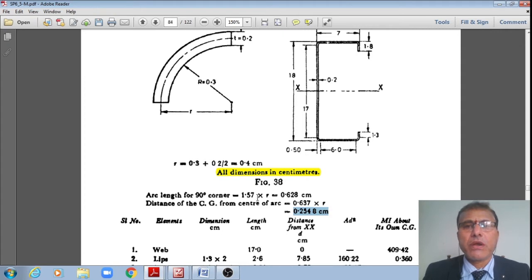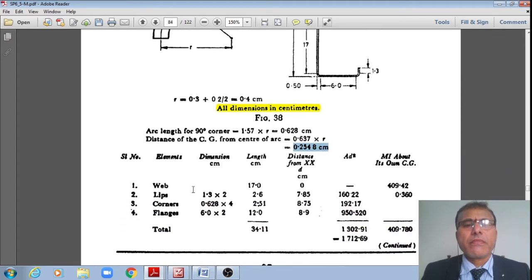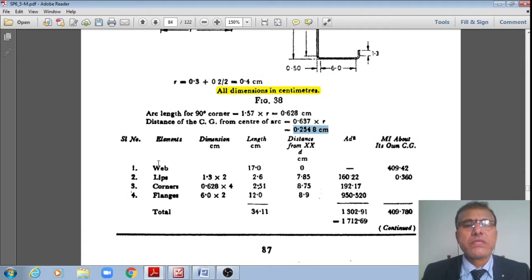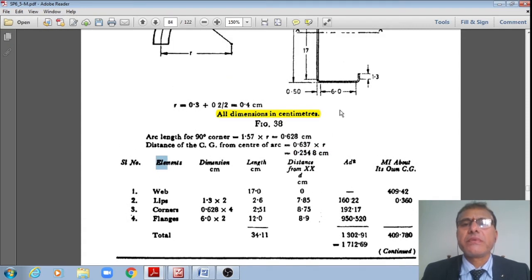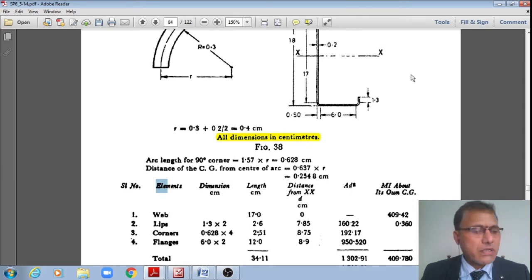Therefore, you just recall all those formulae for the CG of the arc or curve or rectangular sections, etc. Therefore, using that, now I'll use this tabular format: element, dimension, length, distance from the x-axis, the central horizontal axis, and a multiplied by d square, and moment of inertia about its own CG axis.